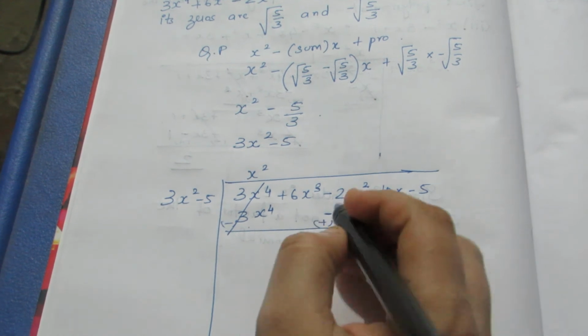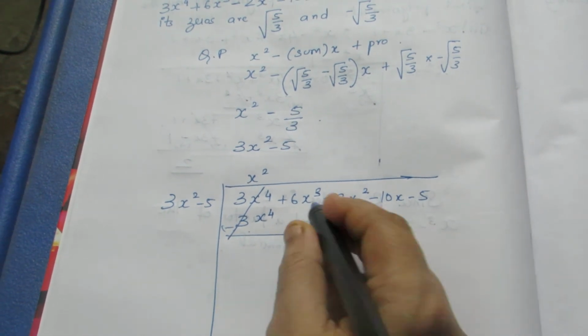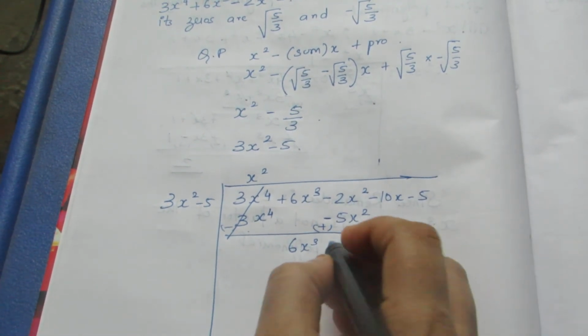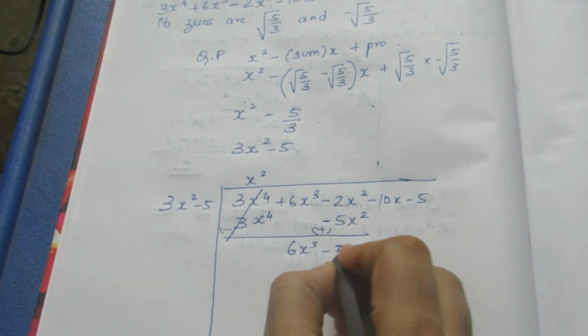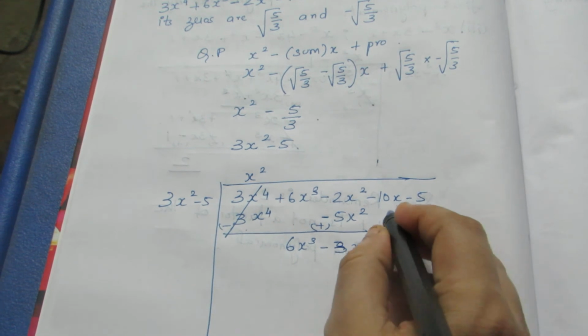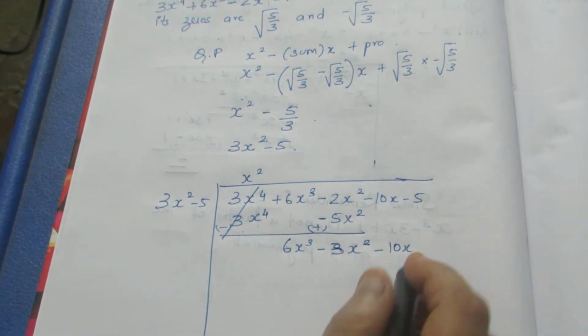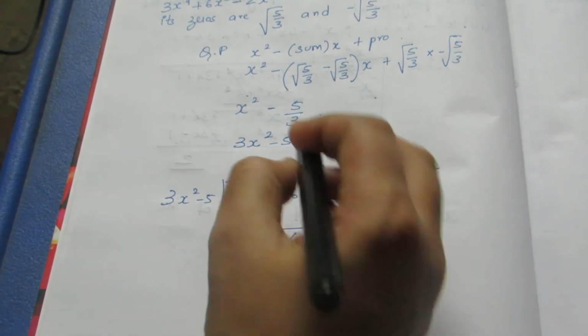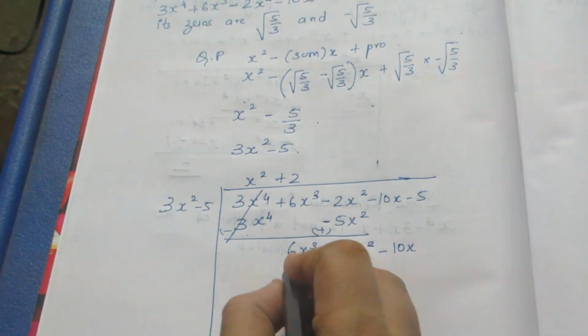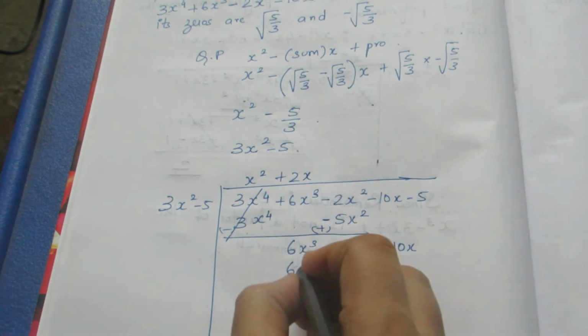This gets cancelled and I am bringing this number here. Now plus minus, you need to subtract it. If I subtract, it becomes 3x square. Now I am bringing the minus 10x term down. So 3 into 2 gives you 6. X square into x will become x cube.